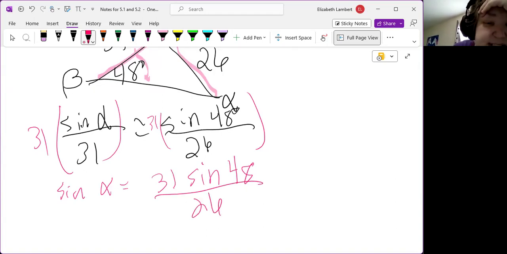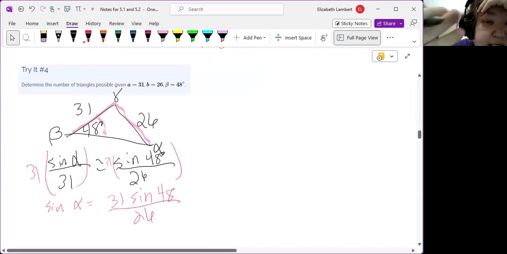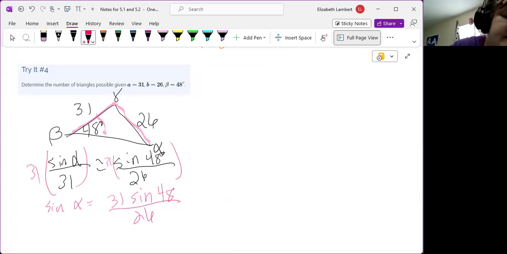All right, that is going to give us an angle measure. Solving through it, though, we don't need to work because the question was just how many triangles. So this is actually more a question of, we have the angle of 48, we have the 31, we have the 26. Is the 26 long enough to hit the ground? It kind of seems to be, but let's calculate that height. The right side would be the sine of 48 degrees times 31.